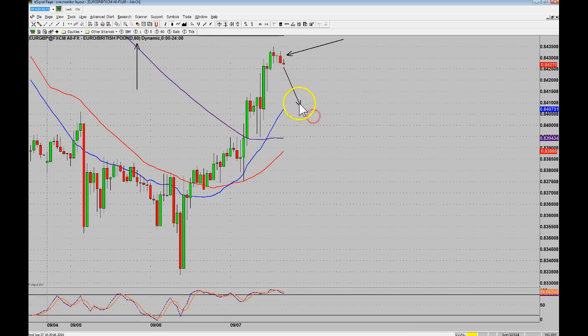Now, how do I know if it's going to stop at the river or not? Well, I don't. You see, I cannot jump into the mass collective market mind, read every single trader's mind, and read every single trader's stop losses, read where they're going to buy, read where they're going to throw up, read where the market makers are willing to press it to. I can't do that.